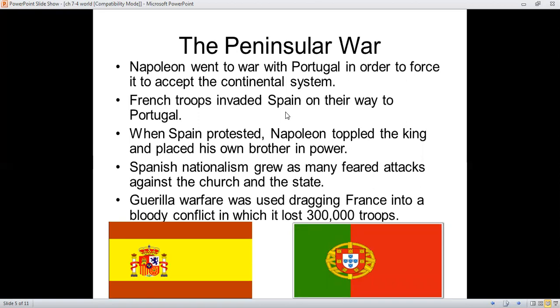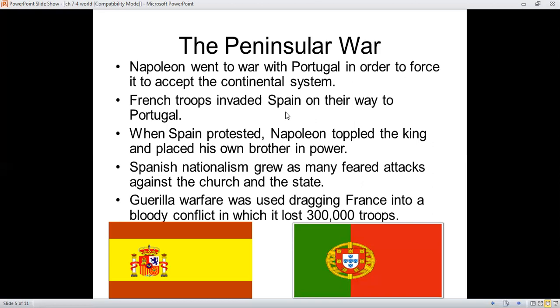Spanish nationalism grew stronger because many of the people feared that the chaos that happened in France would happen in Spain. The Spanish used guerrilla warfare to drag France into a bloody conflict, which cost Napoleon the loss of 3,000 of his troops. So the second costly mistake was the Peninsula War.